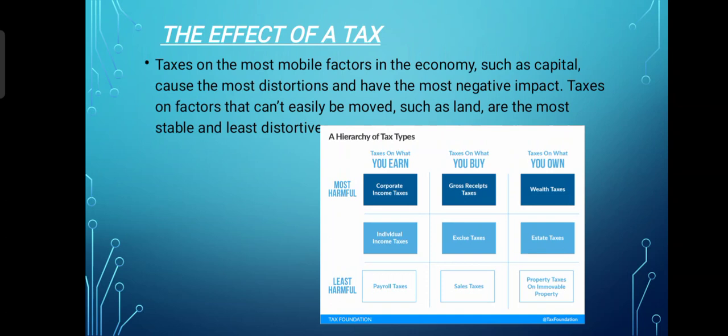Then, estate taxes are levied on the value of property that is transferred to the heirs upon the death of the original owner and can be thought of as a one-time wealth tax. Then, property taxes.